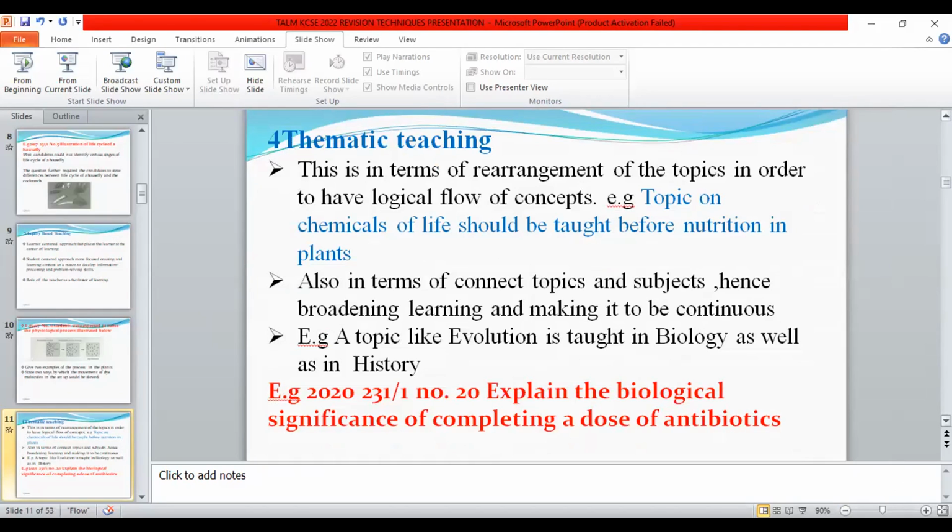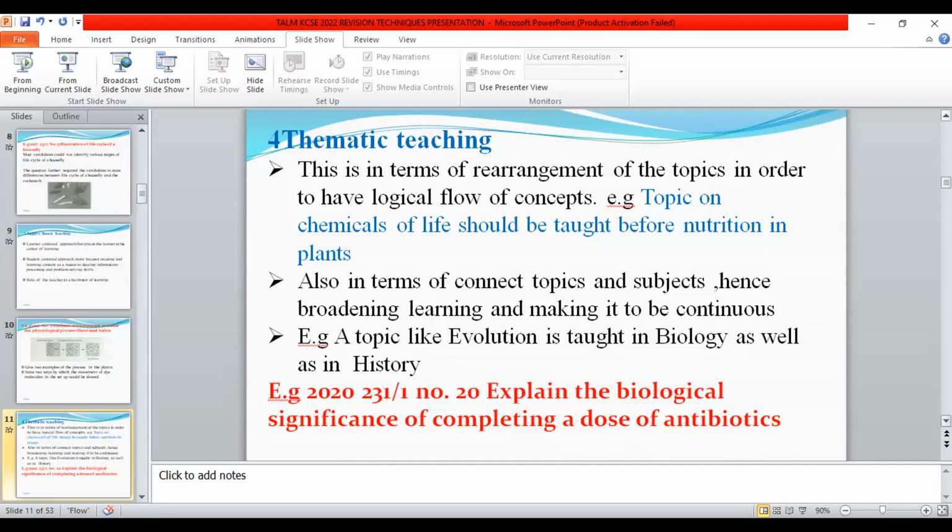And yet, these Form 1s do not even know what C6H12O6 is. At least from chemistry knowledge, they know the chemical formula of water and carbon dioxide as well as oxygen. So we are saying that let us not be glued to the order of the arrangement of the topics in the textbooks, because we need to ensure that the content that we are teaching is building on one another.